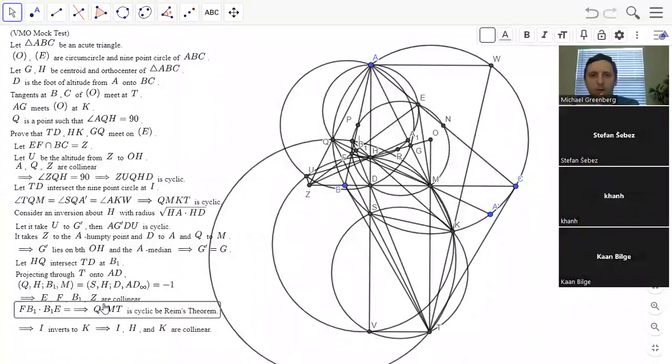And then where do we go from there? Oh, it's also FB1 times B1E, because it's a 9-point circle, that's IB1 times B1D.